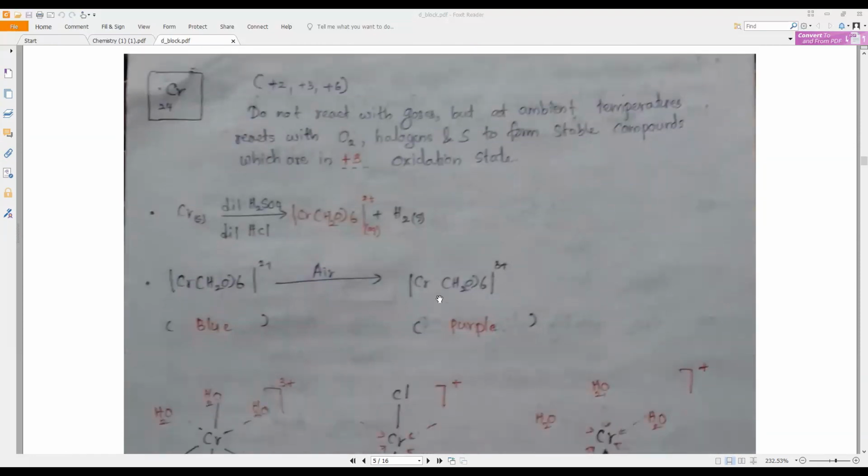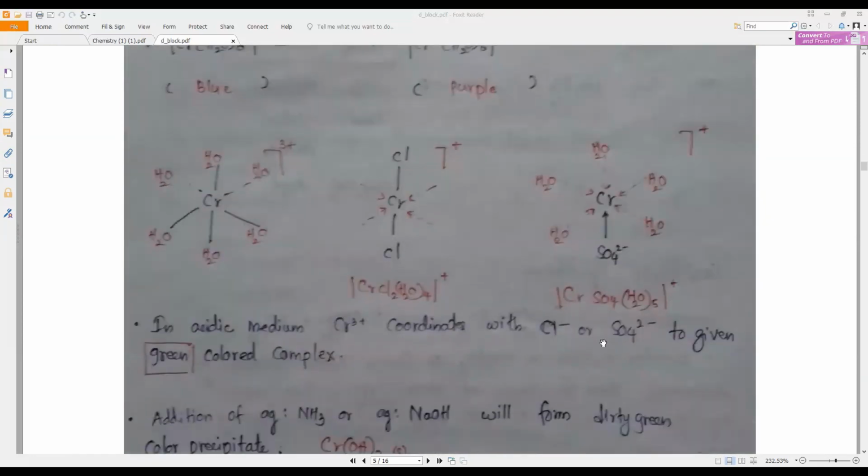So it is very good to think about chromium as well. So chromium, you can see typically it forms chromium 2+, which is blue in color, but in presence of air, it can quickly oxidize to purple. Okay. So these are three of the ions that chromium forms in solution when you have chloride or sulfate, with different colors.